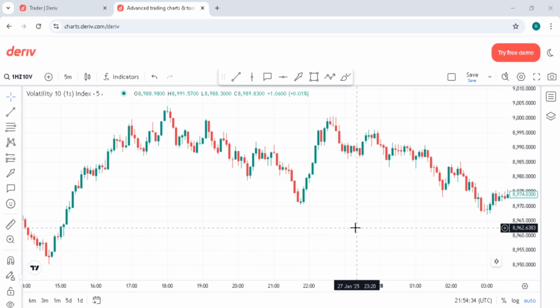So we were dealing with the candle patterns. We've already looked at the engulfing candle pattern and the piercing line and the dark cloud cover candle patterns.